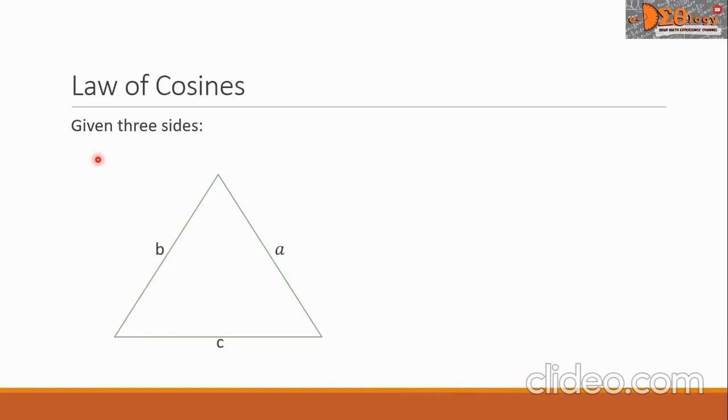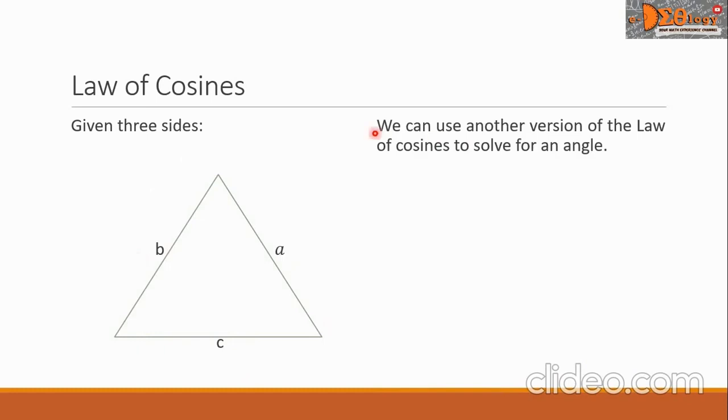Now, another triangle given three sides, as described by this triangle whose sides are A, B, and C respectively. We can use another version of the law of cosines to solve for an angle. Suppose we want to get angle A here. We will use this formula: cosine of angle A equals B squared plus C squared minus A squared all over 2BC.